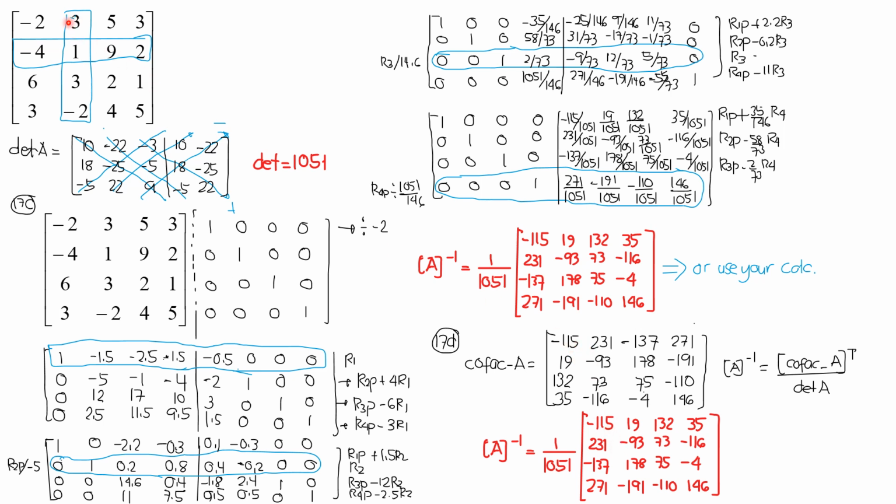Then the sign assigned here is negative. So the cofactor of 3 is the negative of whatever is the determinant of the elements negative 4, 9, 2, 3 by 3, 6, 2, 1, 3, 4, 5, and so on and so forth, and verify that these are the cofactors with corresponding signs.